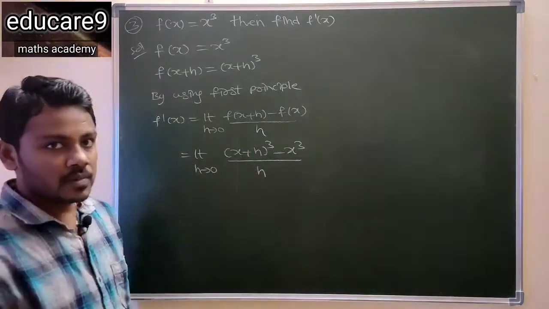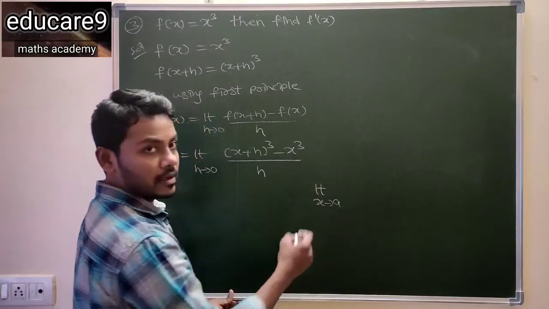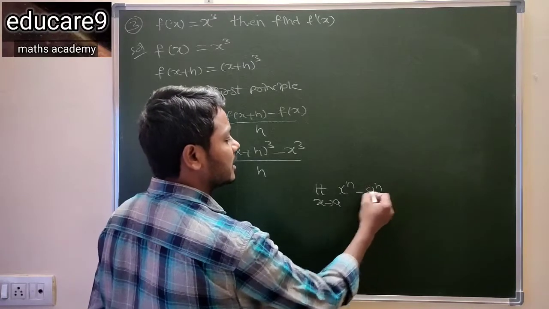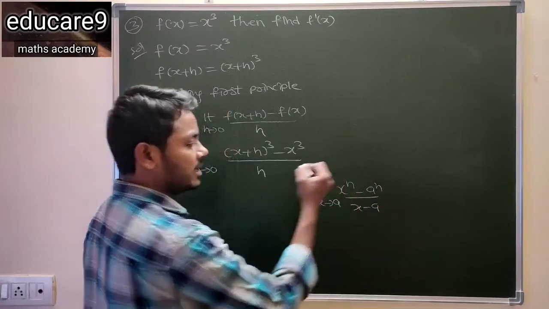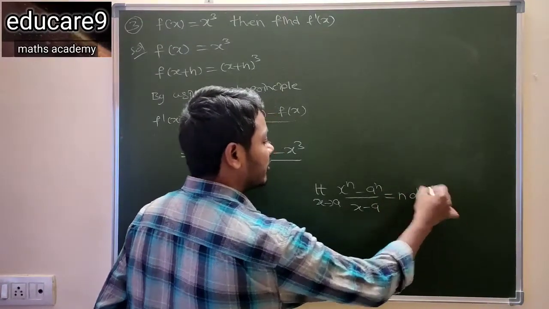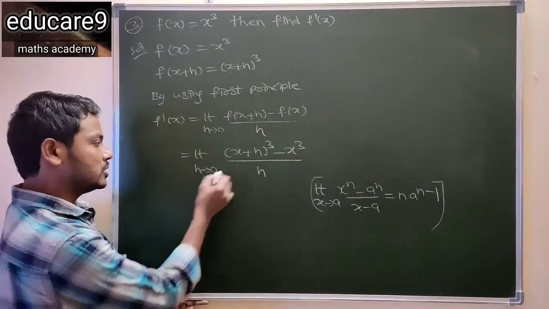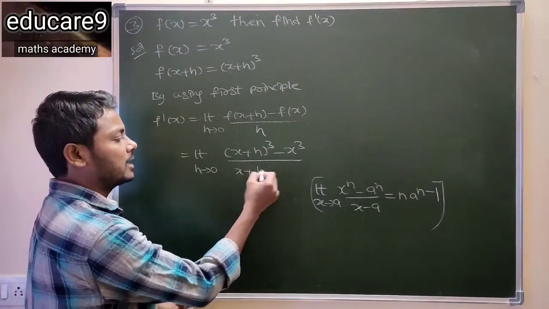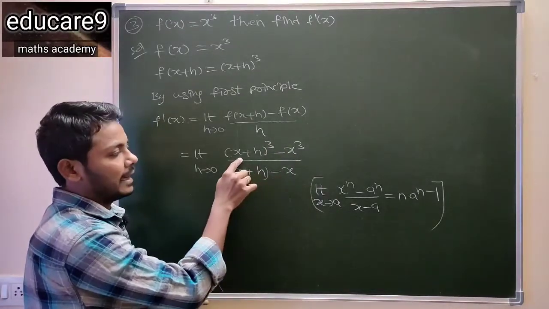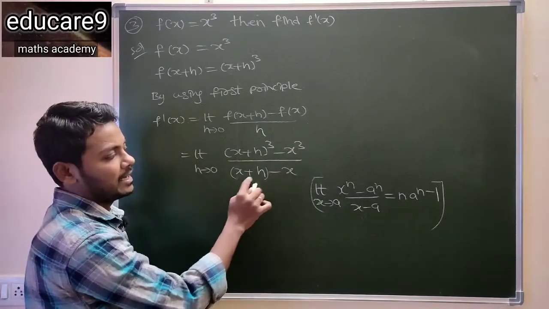See here, you know that limit x tends to a of x power n minus a power n divided by x minus a is equal to n into a to the power of n minus 1. So we have to use this formula. Now, here add and subtract x, so it is in the form of x power n minus a power n divided by x minus a.